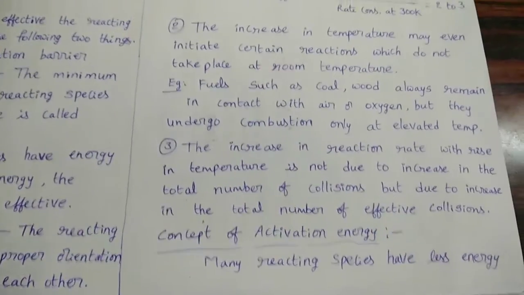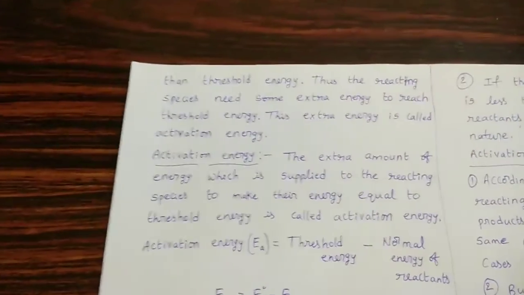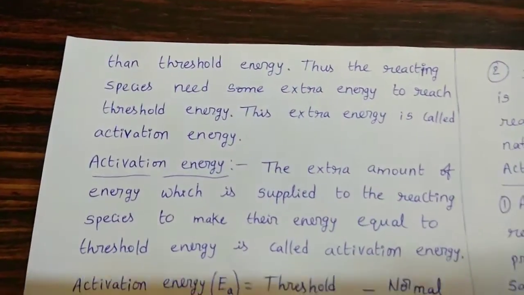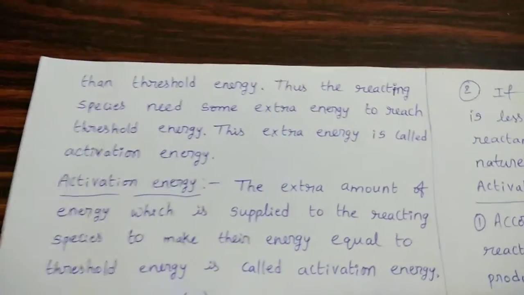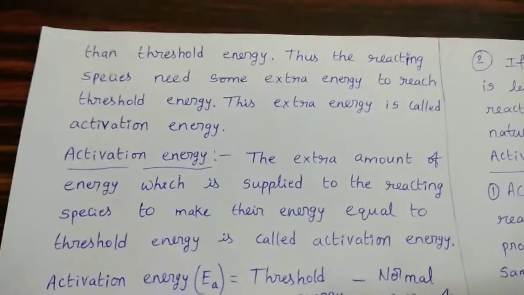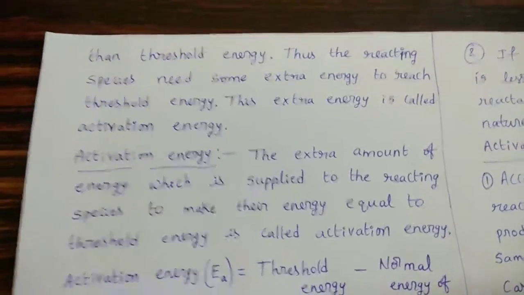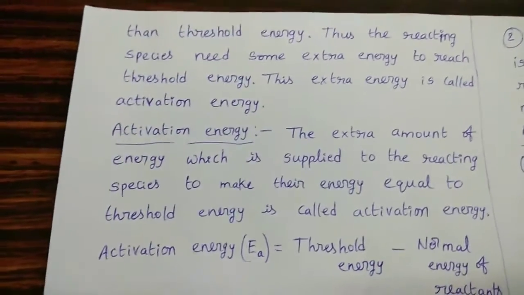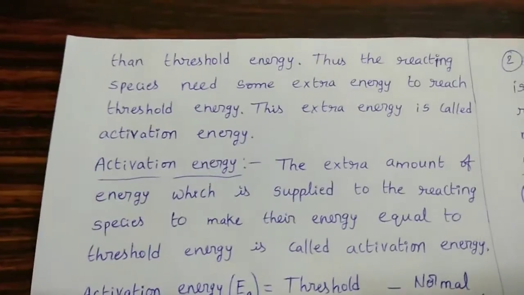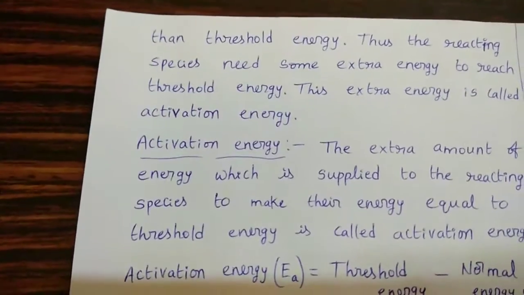Next, the concept of activation energy. Many reacting species have less energy than threshold energy. Thus, the reacting species need some extra energy to reach threshold energy. This extra energy is called activation energy. Generally, reacting molecules having less energy, that energy is not enough to make effective collisions.